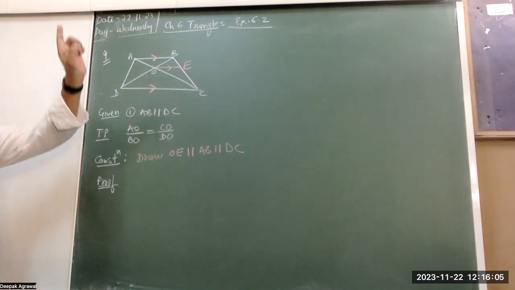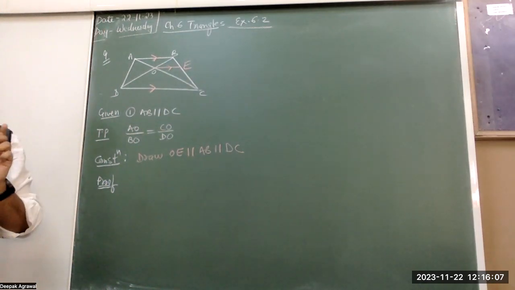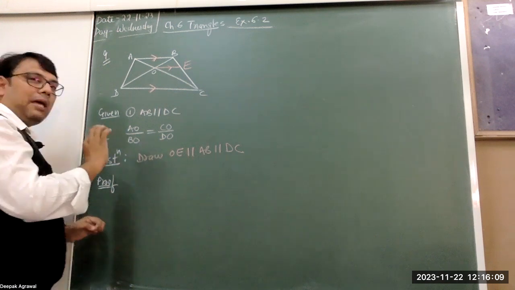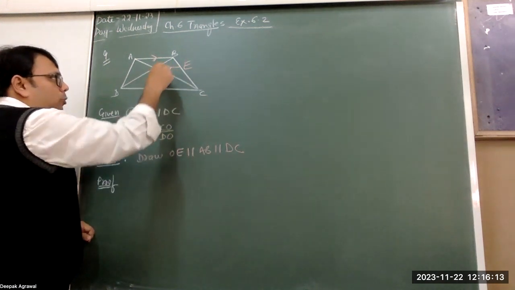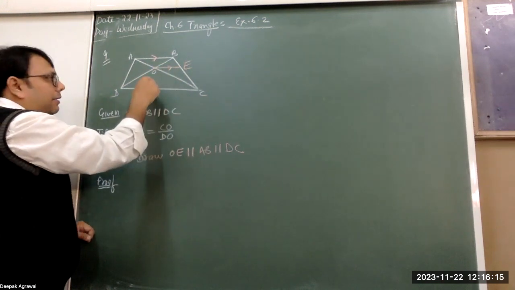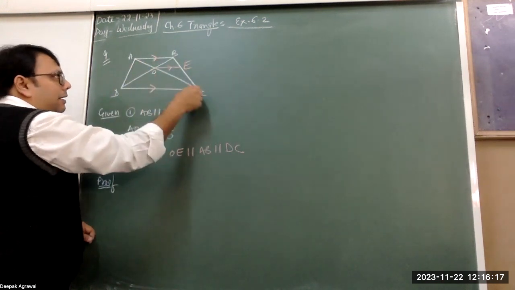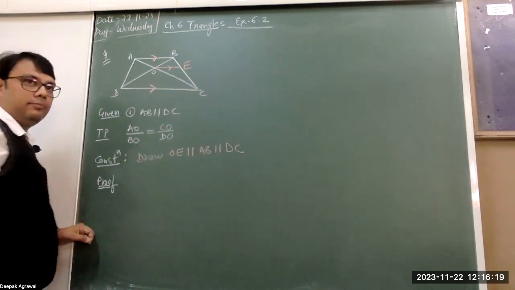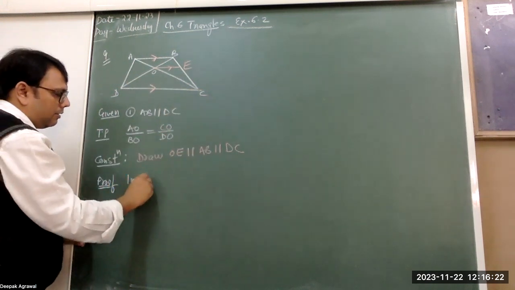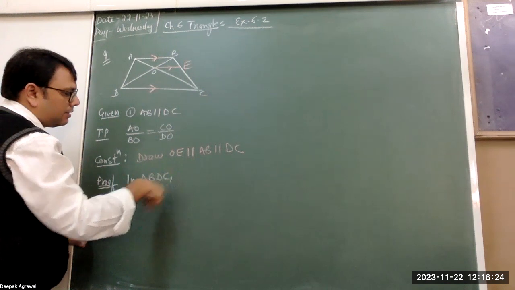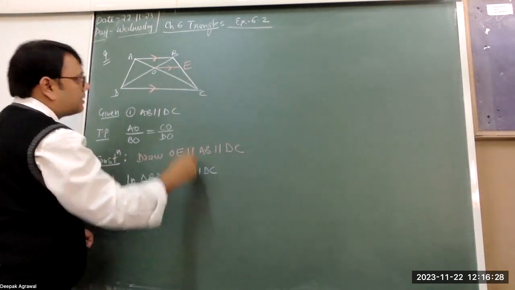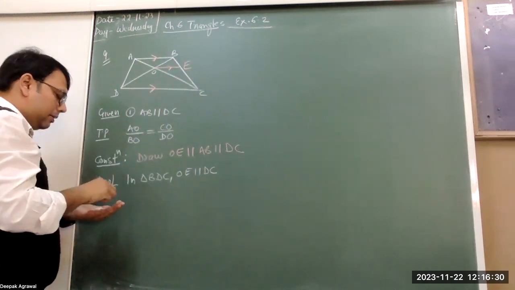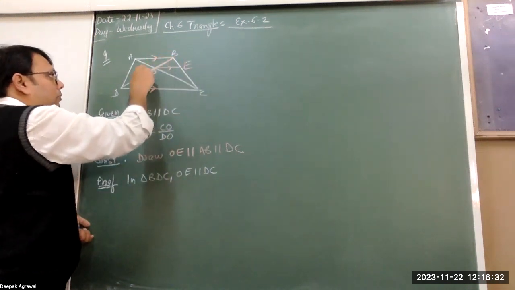Now, we have to apply BPT. Again, in order to apply BPT, I need a pair of parallel lines. If I consider these 2 parallel lines, then the triangle which I can take is BDC. So in triangle BDC, OE is parallel to DC. Just focus on this particular triangle. Which triangle am I talking about?